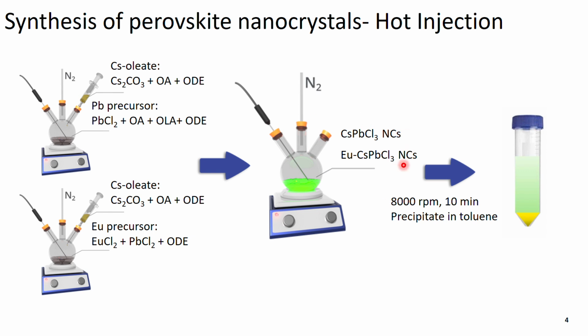So we can get the nanocrystal and then we do the purification by centrifugation, and the precipitate is dissolved in toluene. This method allows us to control the doping. The doped perovskite nanocrystal has the same crystal structure as the undoped perovskite nanocrystal.